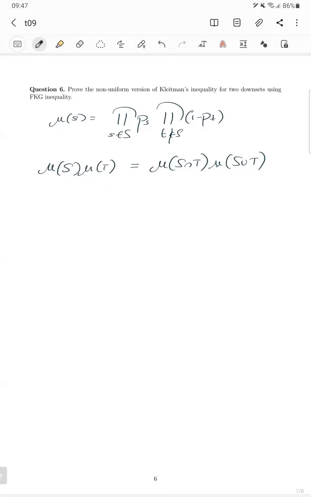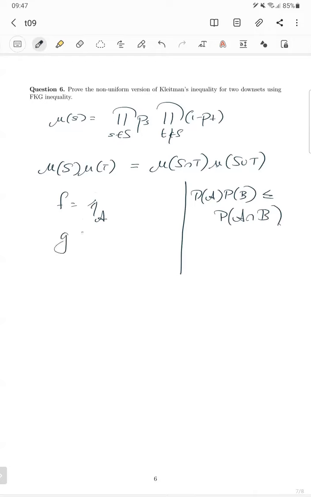And now both f and g you can take to be the characteristic functions of the two families A and B respectively. Remember, you have to show P of A, P of B is less than or equal to P of A intersection B. So f would be your characteristic function for A, g will be your characteristic function for B. You define these this way, and automatically your fg, the product function, will turn out to be the characteristic function of the intersection of the two families.